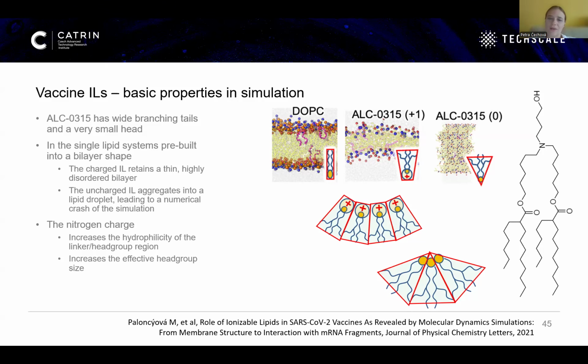So what we can see is there is actually another effect of the charge, and that is it makes the effective size of the head group slightly larger, so that in the charged form, in the protonated form, the lipids can still have similar behavior to lipids with comparatively larger head groups. But when the head group is deprotonated, it's neutral. Then everything just mixes together into this oil droplet.